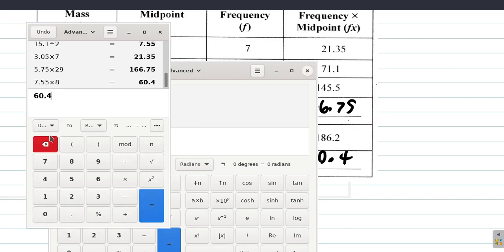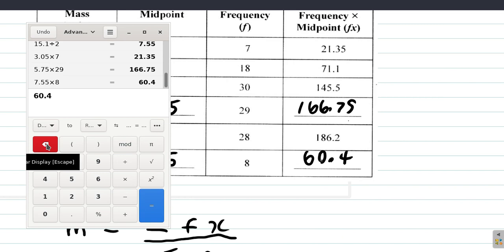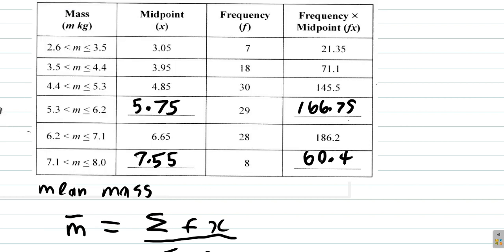So the fact is, if you add these up, you have 7 plus 18 plus 30 plus 29 plus 28 plus 8, and that would add up to 120. This is where the 120 comes from, right?